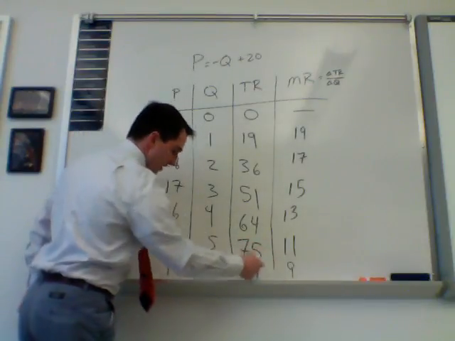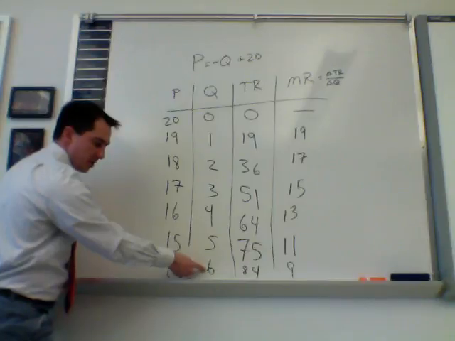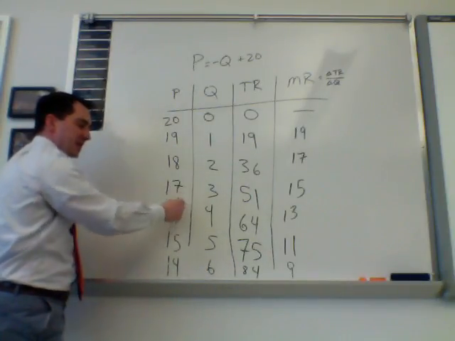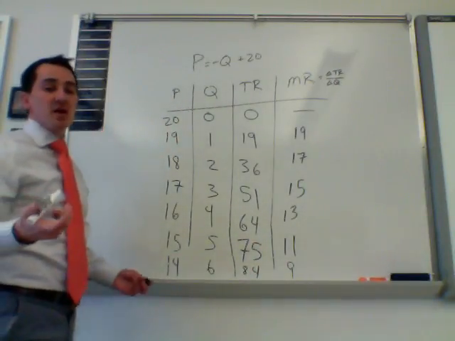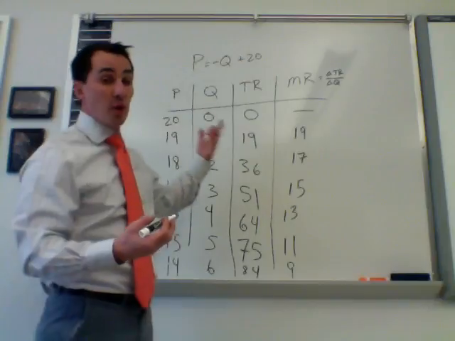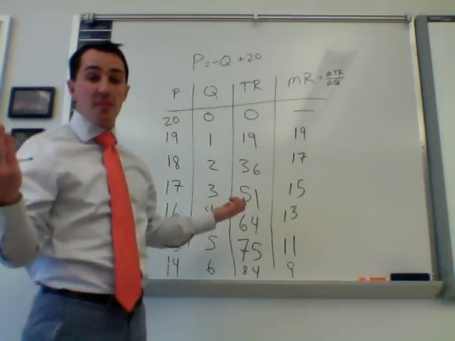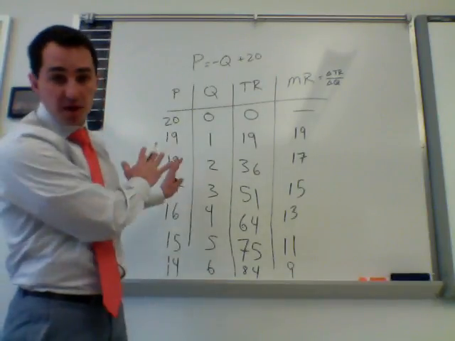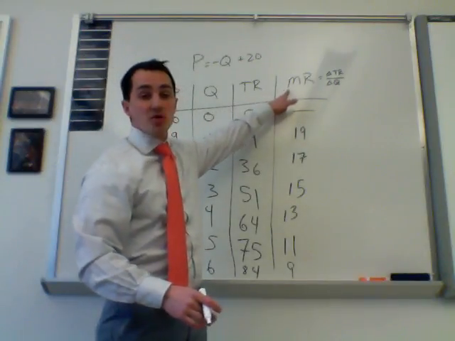Why is it going up less? Even though they're getting this $14 from the 6th person, there's this person, this person, this person, this person, this person that they're actually getting less money from. That's why this number is going down. That's a major piece when we look at what this looks like graphically, because remember, just to connect the dots, the company, in this case the monopoly, is going to produce whenever their marginal cost, not up here, is equal to what is up here, the marginal revenue.